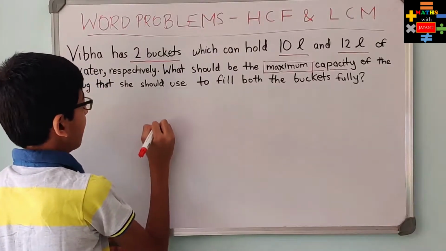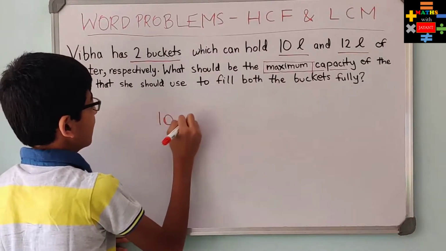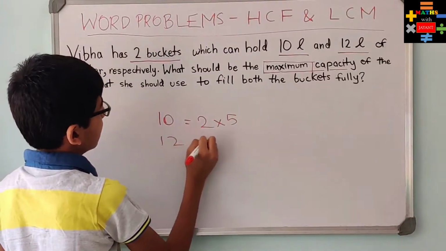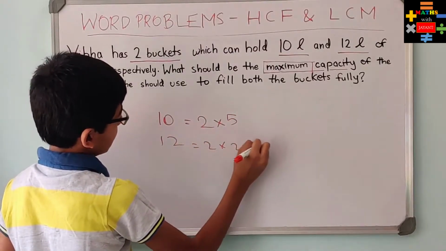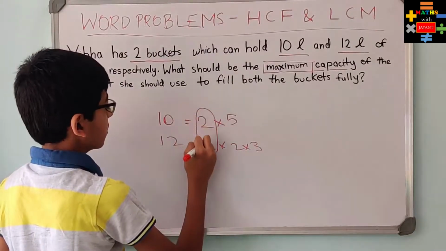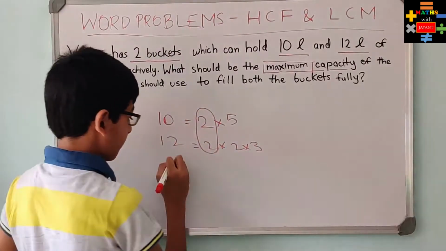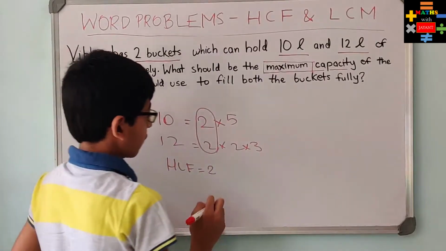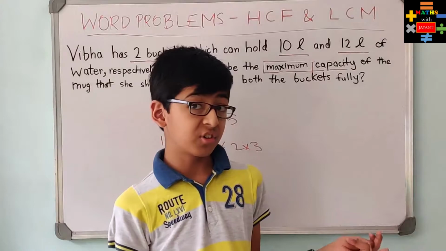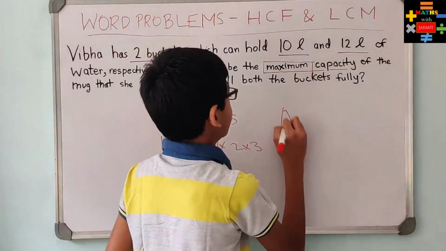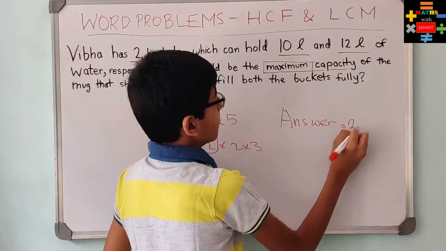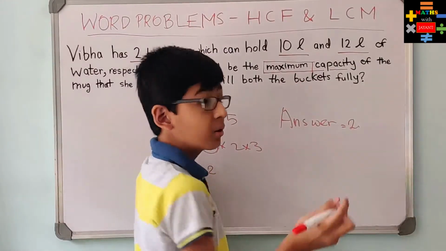So now to find the HCF of 10 and 12, we will prime factorize it. 10 is 2 into 5, 12 is 2 into 2 into 3. Only 2 is common, so the HCF is 2. So the answer is 2, but we need to specify the units.